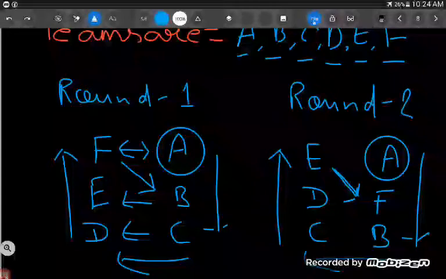Or you can say F will play A, E will play B, D will play C. In the second round also, A will play E, F will play D and B will play C.